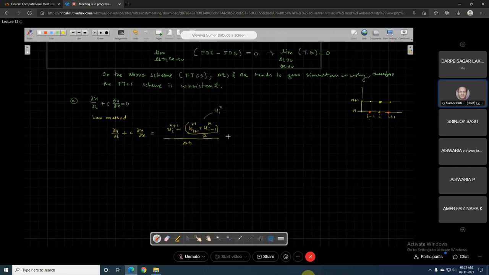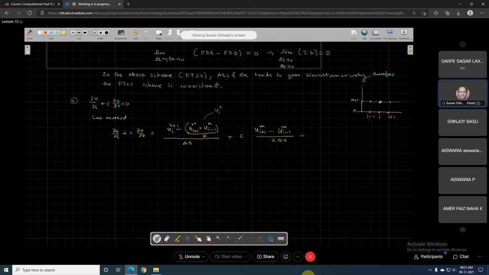So this then plus, now say this central difference is used here: u I plus 1 minus u I minus 1, and all these are at n level, divided by twice delta x.